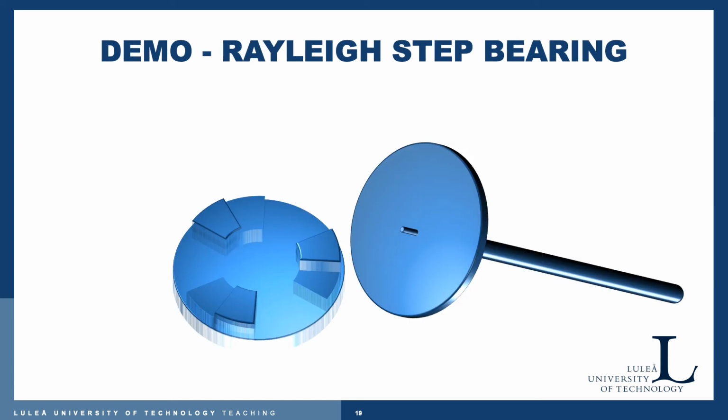Let us have a look at a Rayleigh step bearing, or a modified form of the Rayleigh step bearing, which you can see here is a cylindrical version of it. The specific of this bearing is such that we have a high pad and we have a low pad, and we have this at 3 different places, 3 segments, as you can see here. And the counter surface, the moving surface in this case, is called a collar, and the rotation of that one is caused by this spindle.